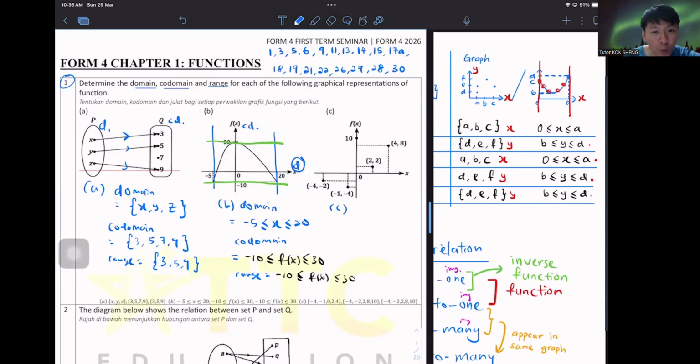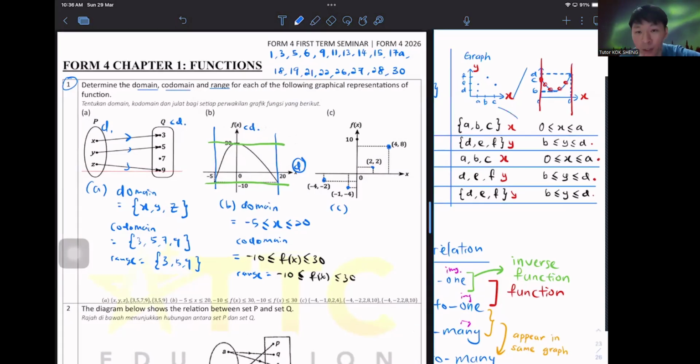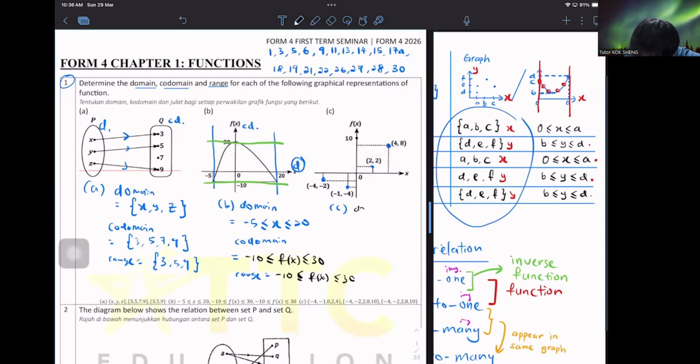Okay, one more to go. C. C is follow the graph again. They put in point form, can see, right? Point form, point form, point form, point form. So you follow the graph here. Okay, domain. Need to put a curly bracket again.